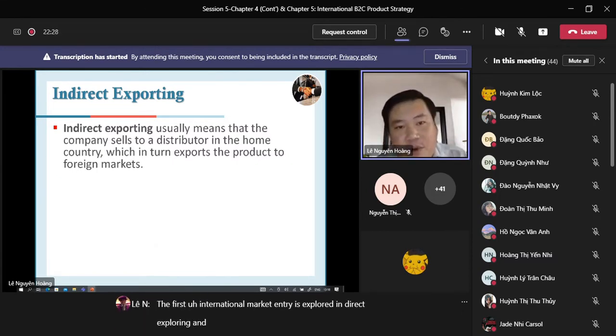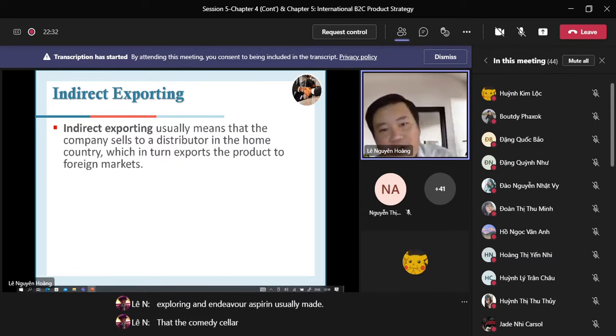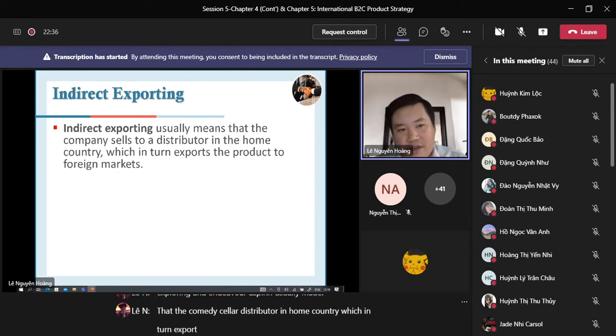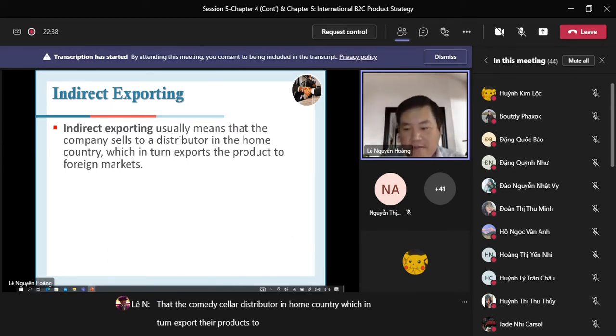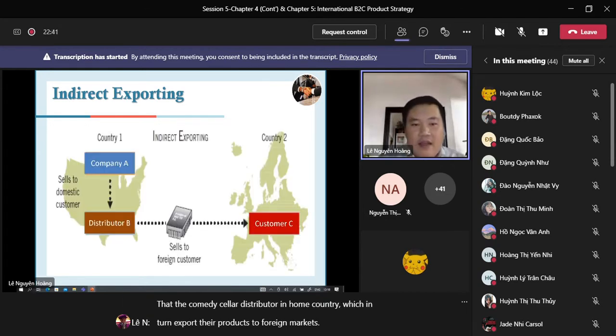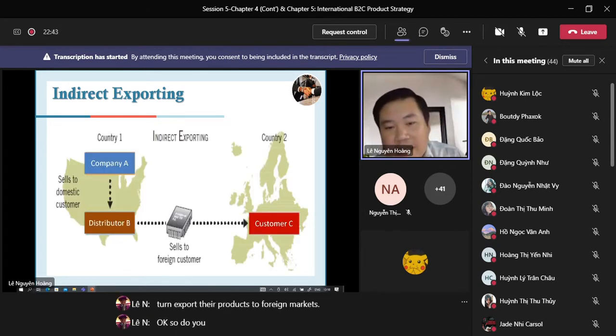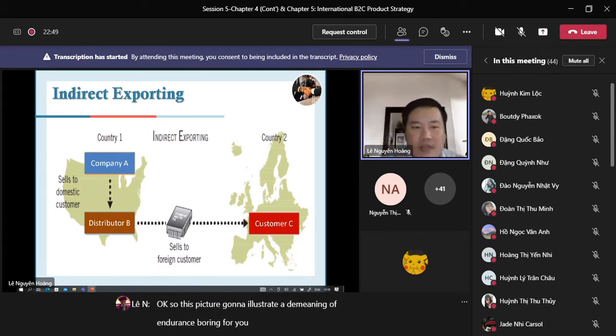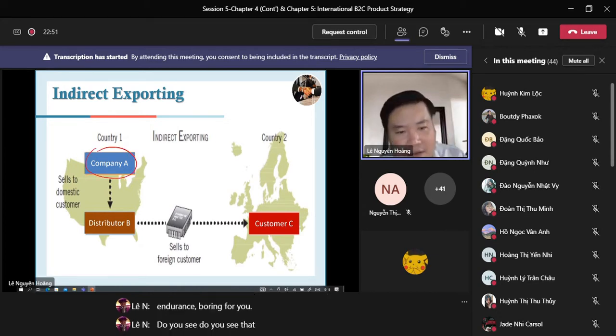Indirect exporting usually means that the company sells to a distributor in the home country, which in turn exports the product to the foreign market. This picture illustrates the meaning of indirect exporting. Do you see company A here?